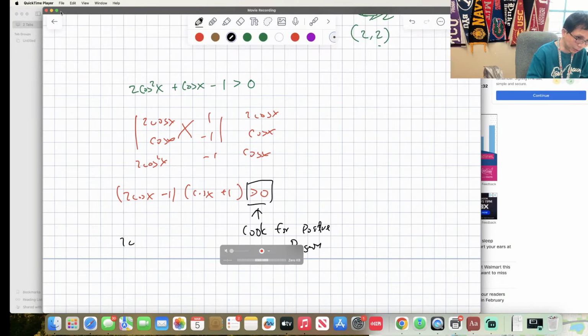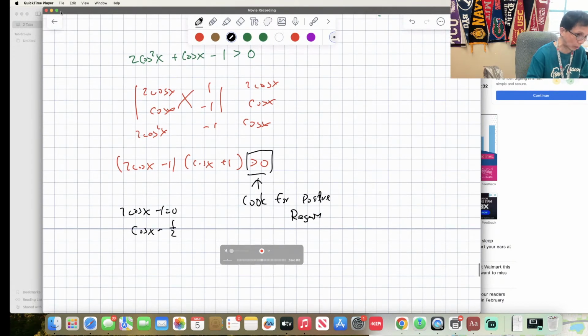So 2 cosine of x minus 1 equal to 0, cosine of x equals 1/2. That only happens where? Pi over 3, and what else? 5 pi over 3. Okay, is that what you guys get? Then cosine of x equals -1, and x equals pi, I believe.